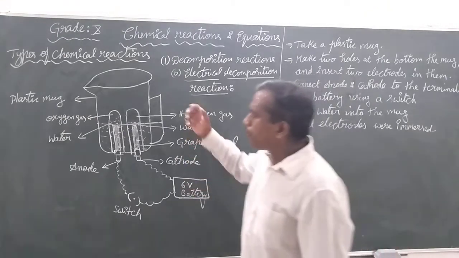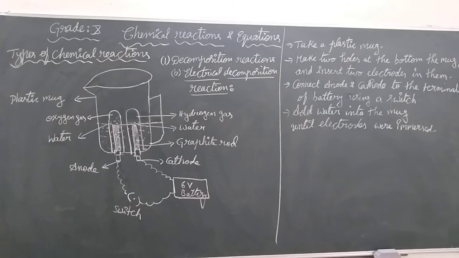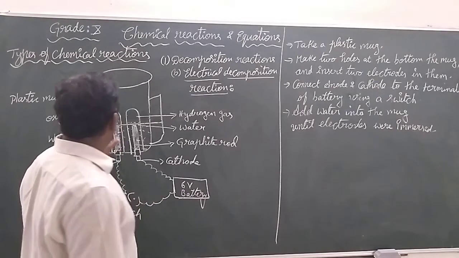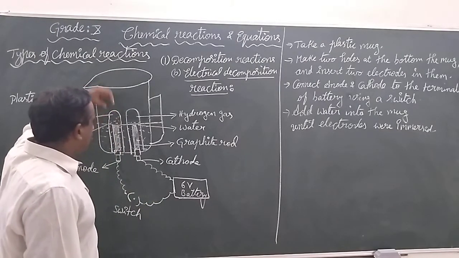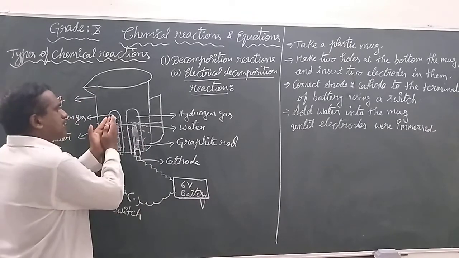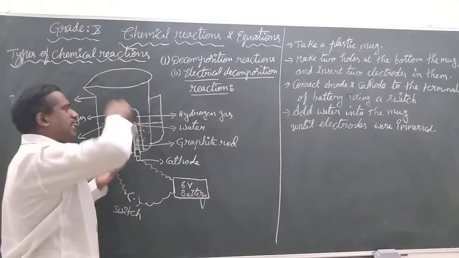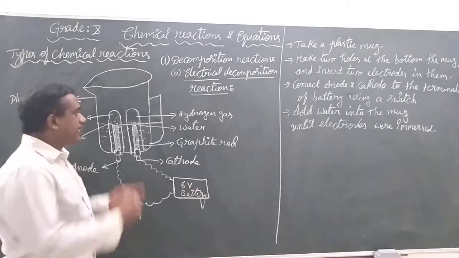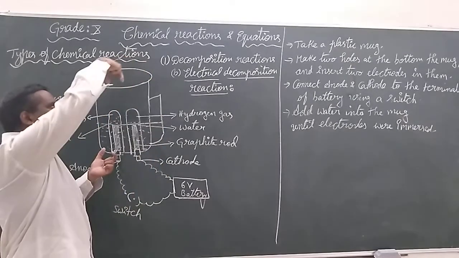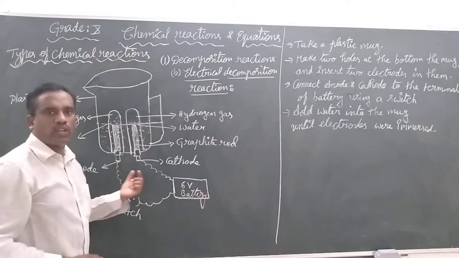Then you take two test tubes. One test tube you place over one of the electrodes so that the water will pass into the test tube, and the other test tube you insert over the second electrode in the inverted form. We are inverting the test tubes over the electrodes, on both the anode and the cathode.